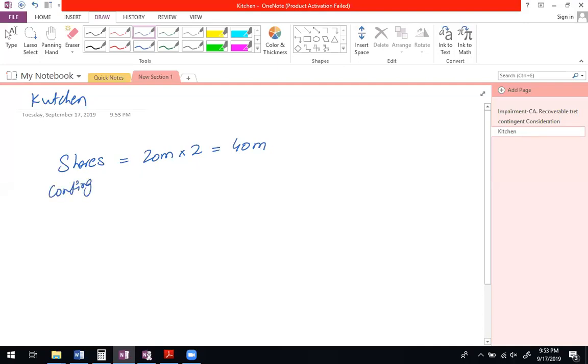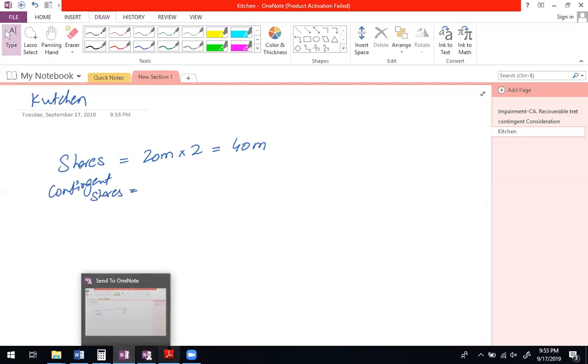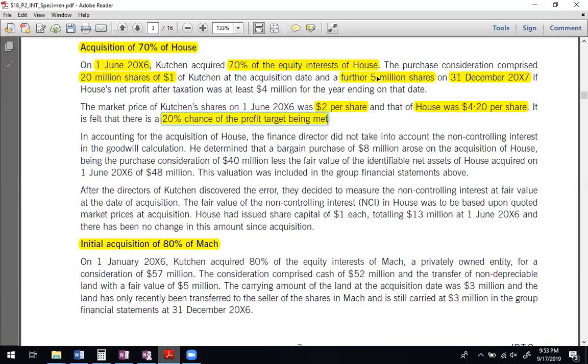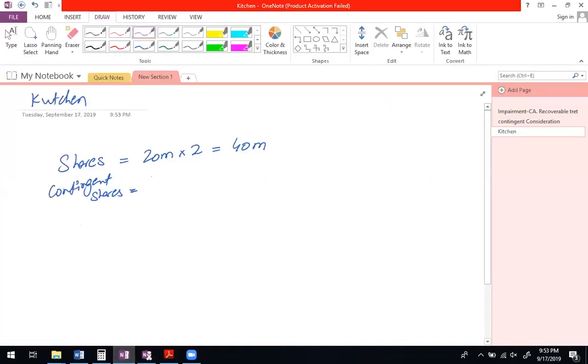Plus, we are giving some contingent shares as well, which were how much? 5 million shares of $2 with a 20% chance. We'll make it a total of how much? Again, 2 million.